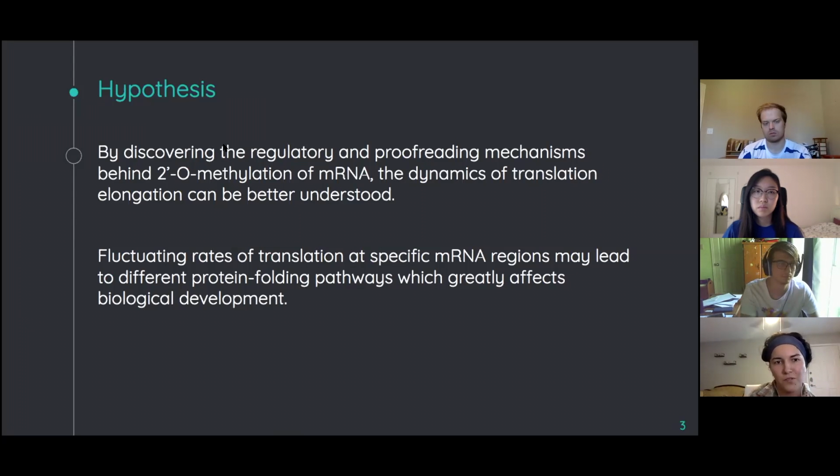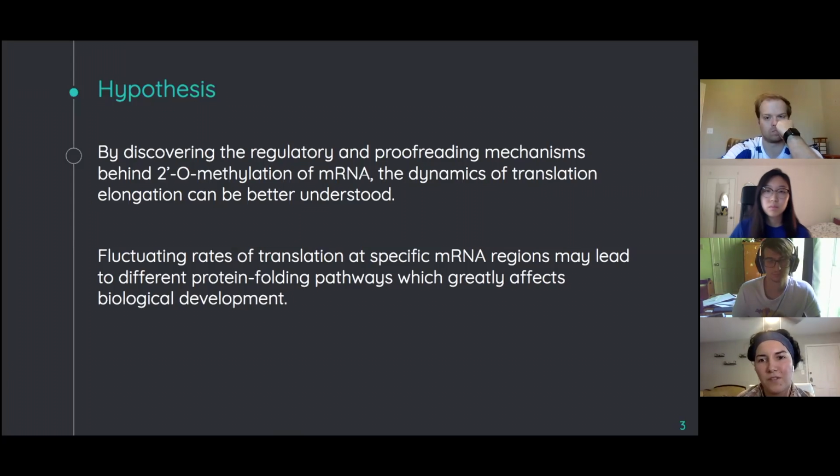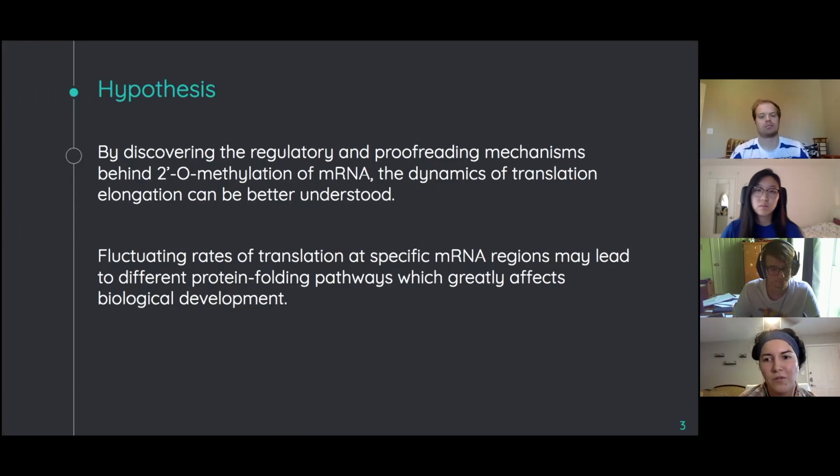The hypothesis for this article is that by discovering the regulatory and proofreading mechanisms behind 2' O methylation of mRNA, the dynamics of translation elongation can be better understood. Fluctuating rates of translation at specific mRNA regions may lead to different protein folding pathways, which greatly affects biological development.